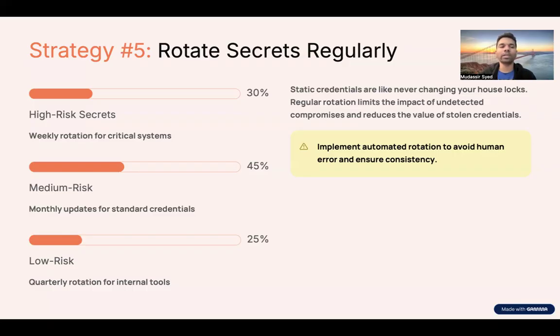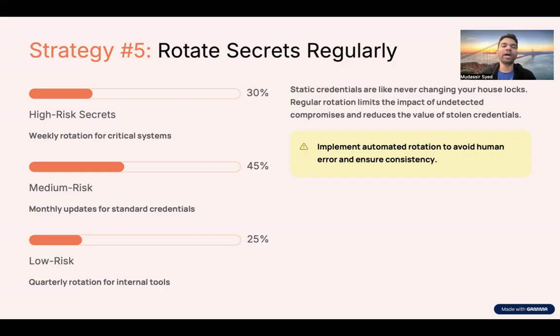Whoever that bad actor is, trying to get into your system or trying to figure out what to do with your systems and data, would automatically lose control or lose access. So that is really important.